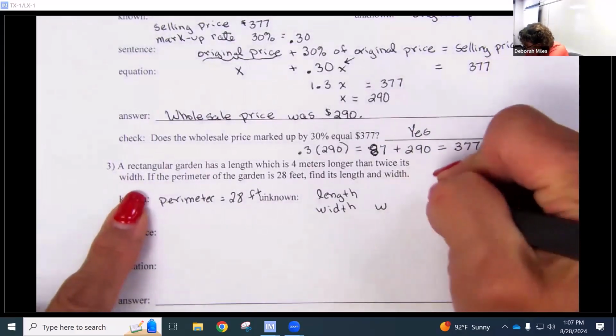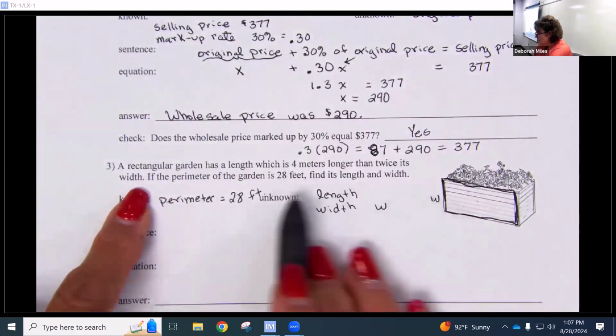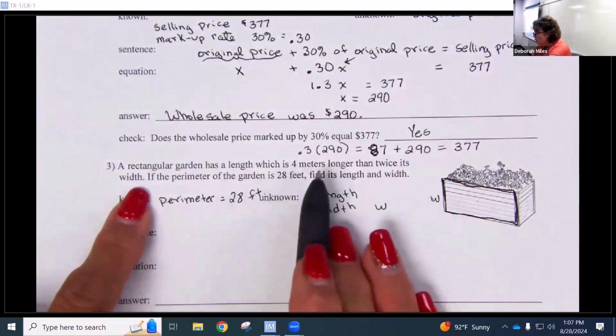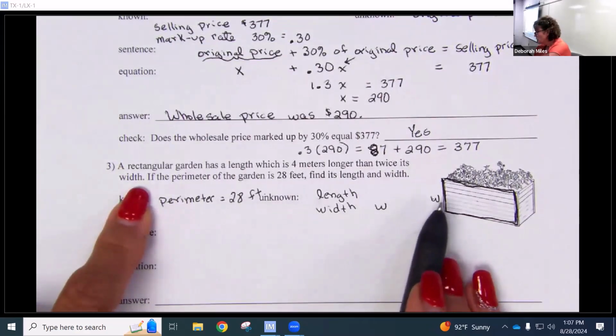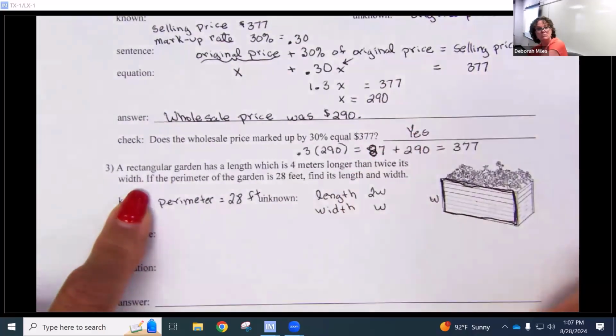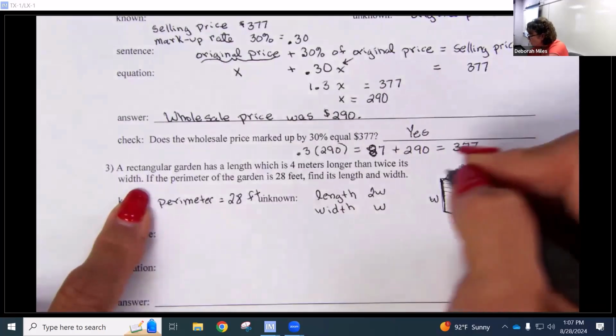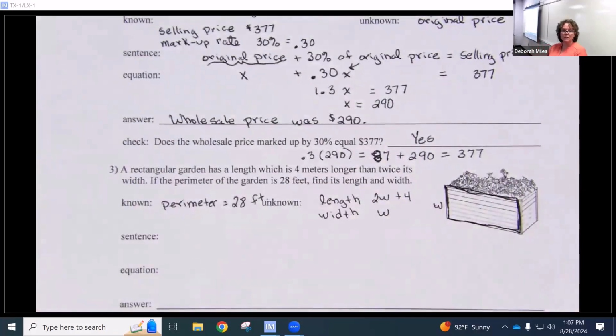So the short side is W. And then the length is 4 more than twice that. Well, twice the width would be 2W. And 4 more than that would be 2W plus 4.